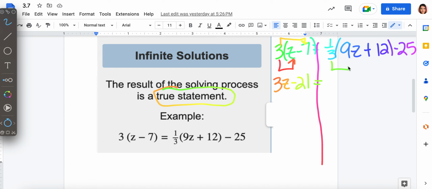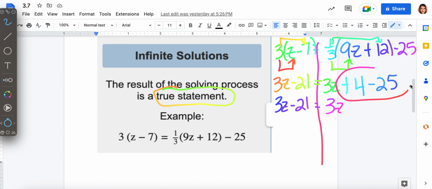Again, if you need to know how to do this, then you can watch my video. 1/3 times 9z is 3z. And then 1/3 times 12, or 12 divided by 3, is 4. And then minus 25. Okay, so 3z minus 21 equals 3z plus 4 minus 25. I'm going to simplify the right side with the 4 minus 25, which is minus 21.